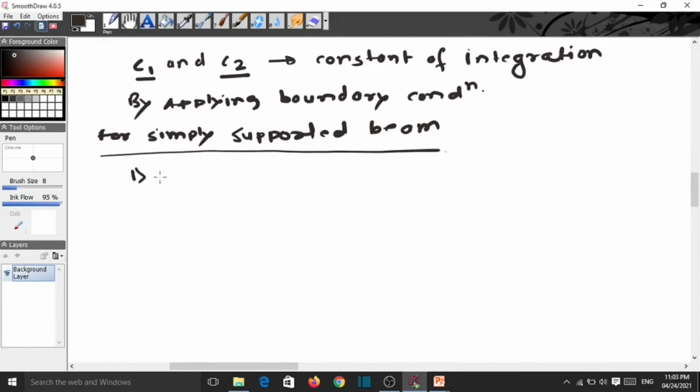First condition is x equal to 0, y equal to 0, and put this in the deflection equation.